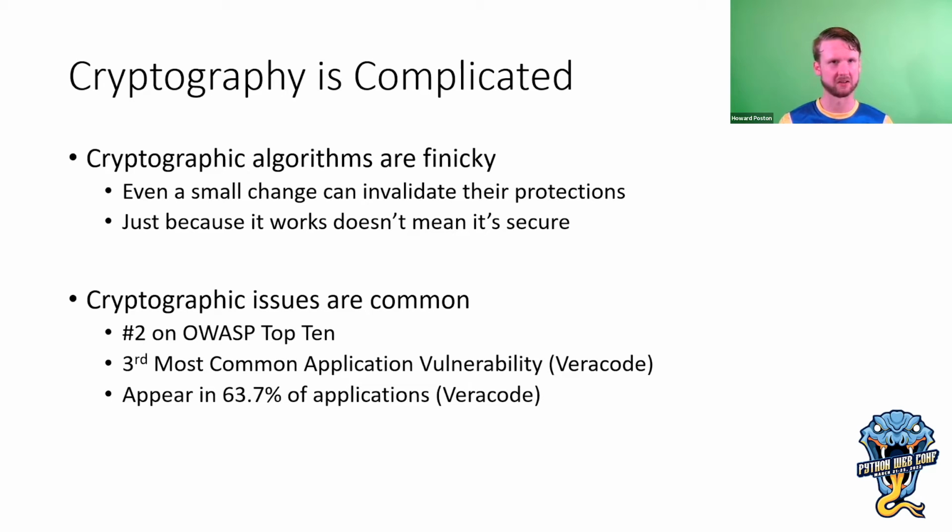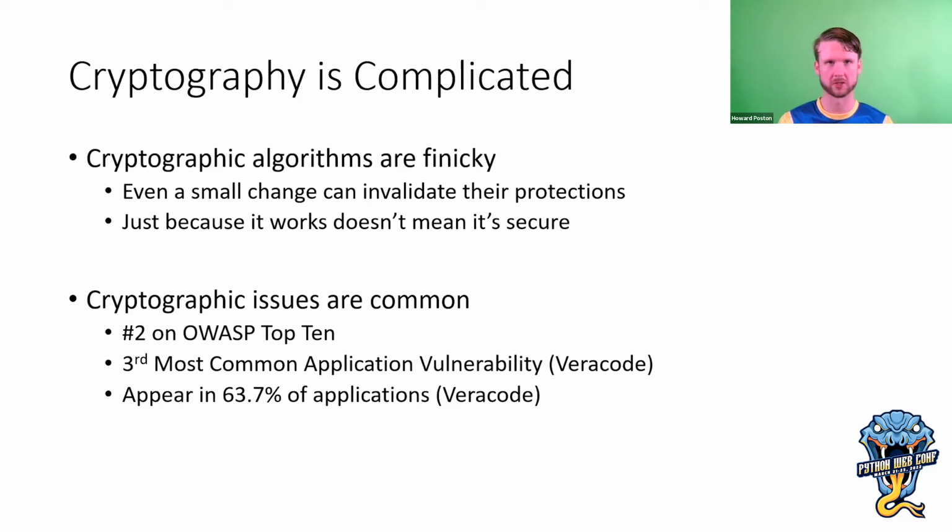So just the fact that, for example, if you have a 256-bit value that you have to pass into a cryptographic algorithm and you create that value somehow, doesn't mean that you're using the right value in the right way. And so with the complexity and finickiness of cryptographic algorithms, we have a lot of cryptographic issues.